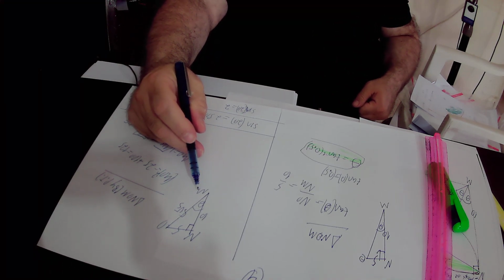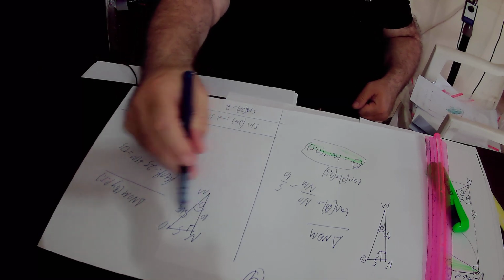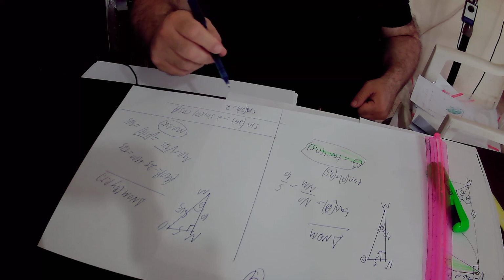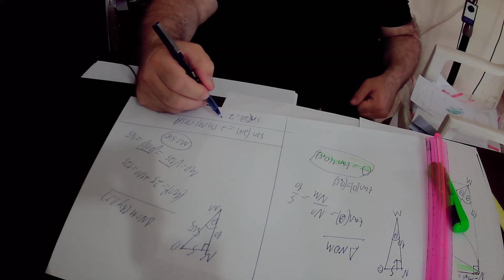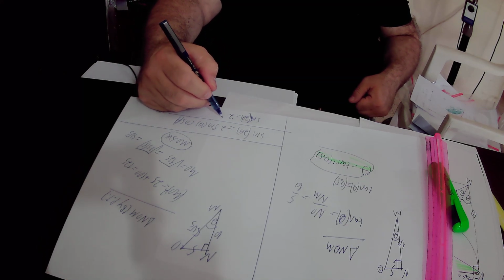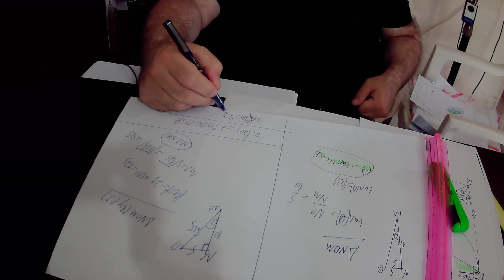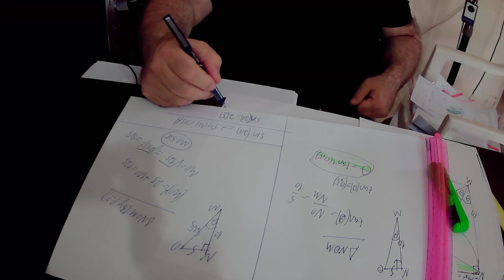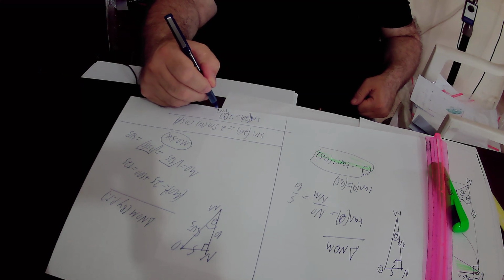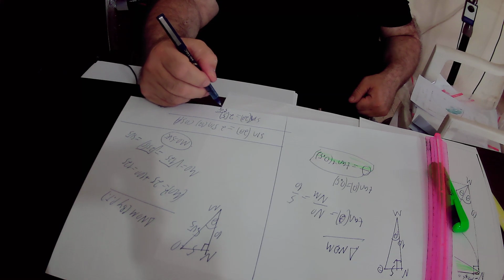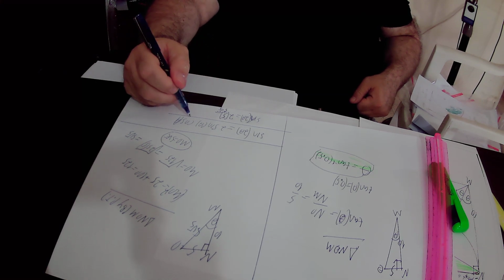From this triangle you can see that sine theta equals NO over OM. NO equals 5, OM equals 5 times square root of 5. So in conclusion, sine theta equals 5 over 5 times square root of 5, and we multiply by cosine theta.